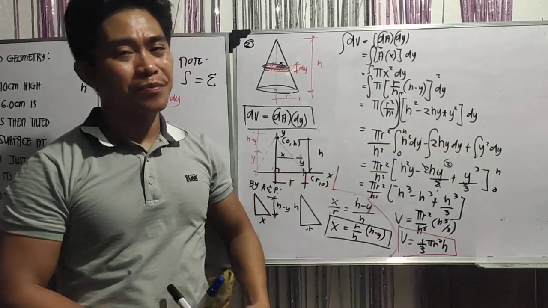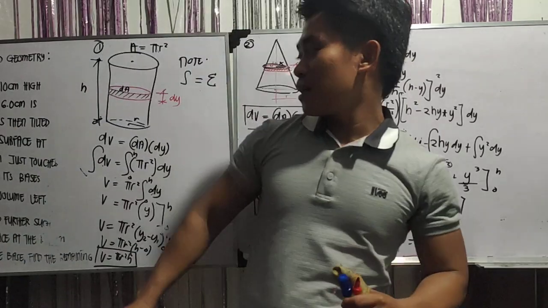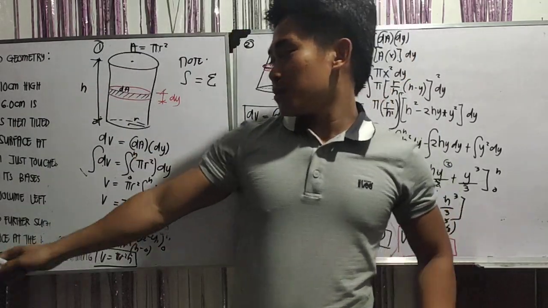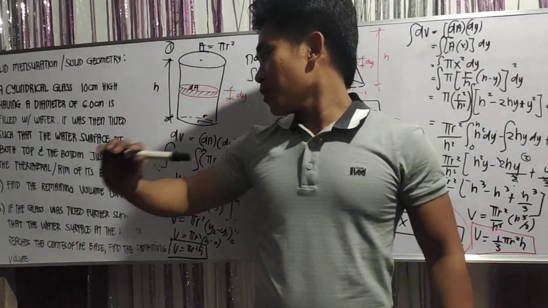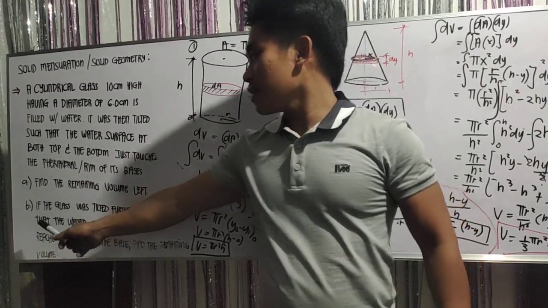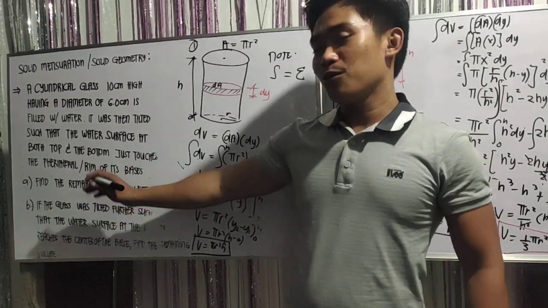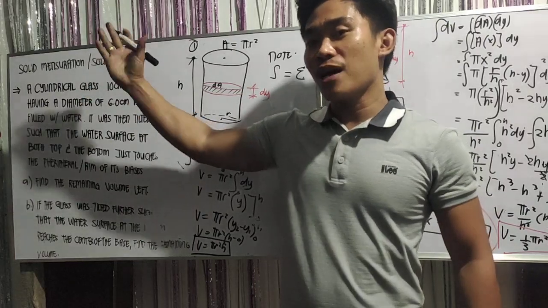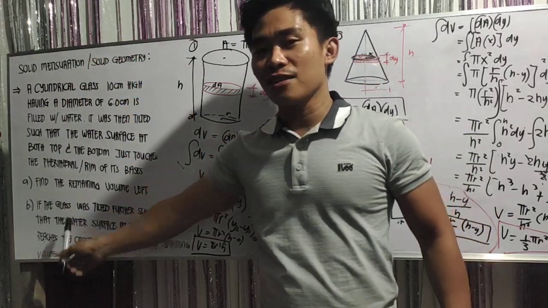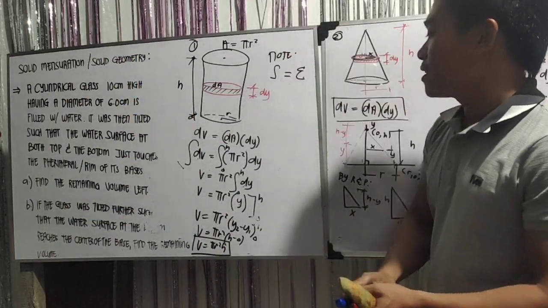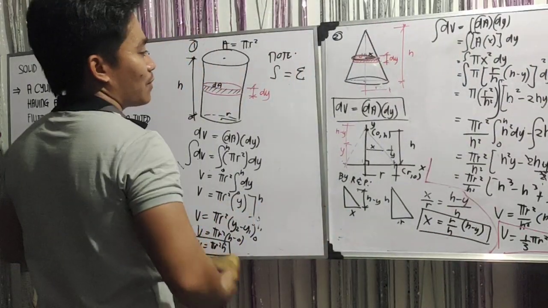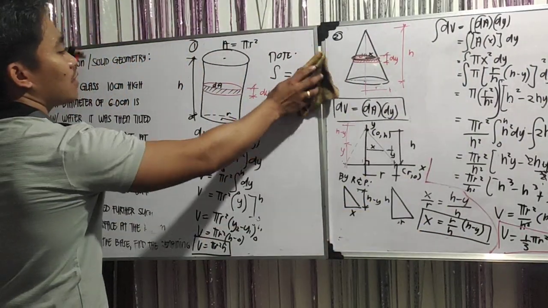Na-derive na natin. So, what if now, we will apply calculus, okay, to solve the previous problem stated in letter B. Okay? Yung cylinder na tinumba. So, what if i-apply natin ito? So, let's try. Let's try. I will now erase this one. Okay?